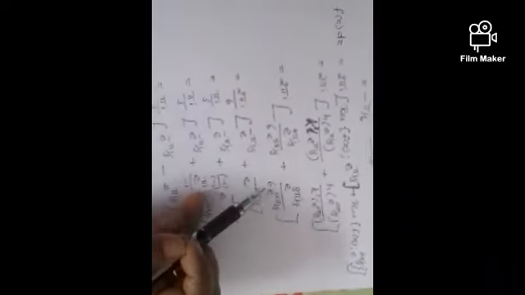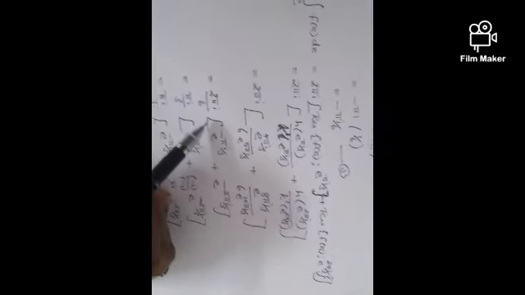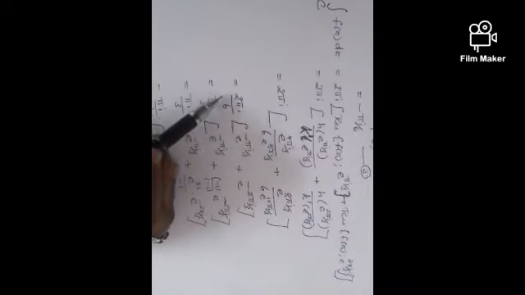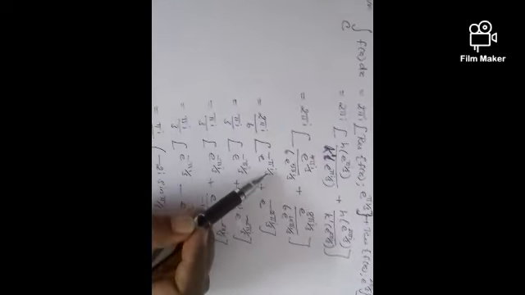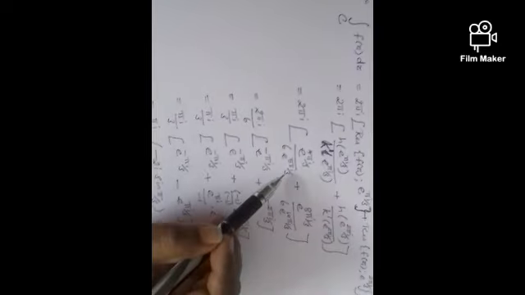Here the common value 1/6 can be taken outside, so it is equal to 2πi/6 times [e^(-πi/3) plus e^(8πi/3) minus e^(10πi/3)], and e^(-10πi/3) we get e^(-2πi/3).